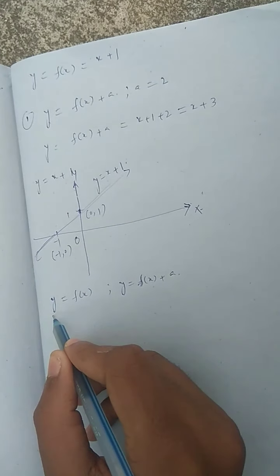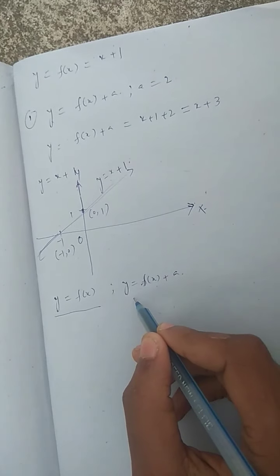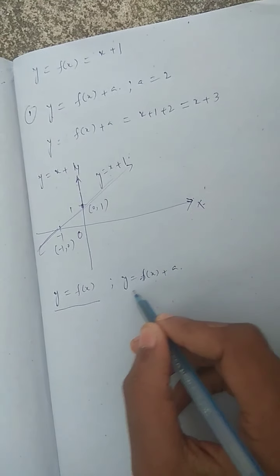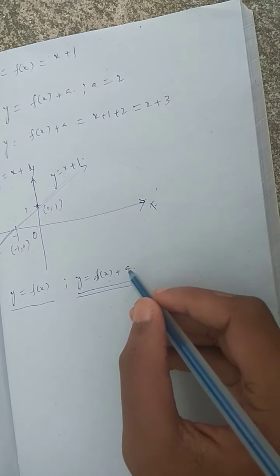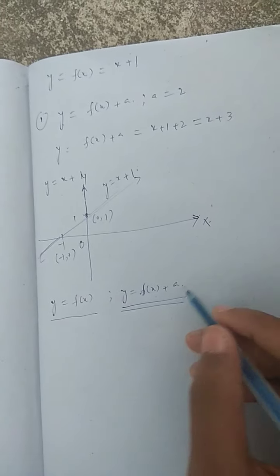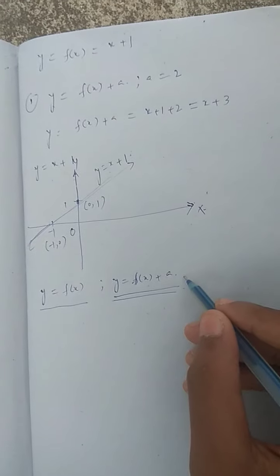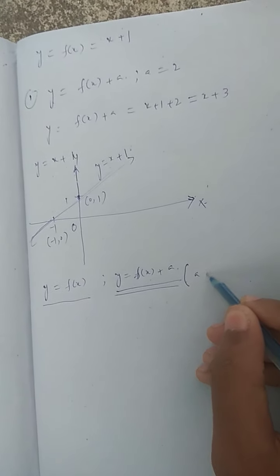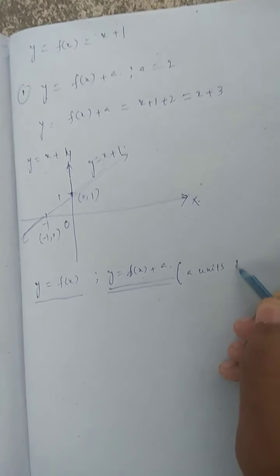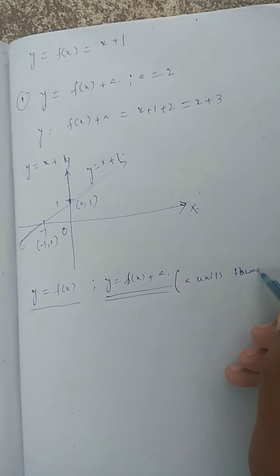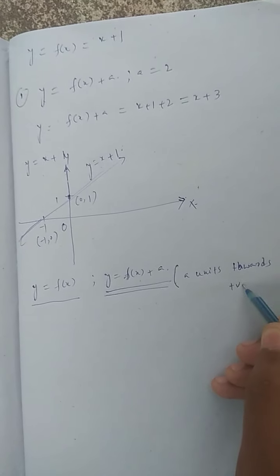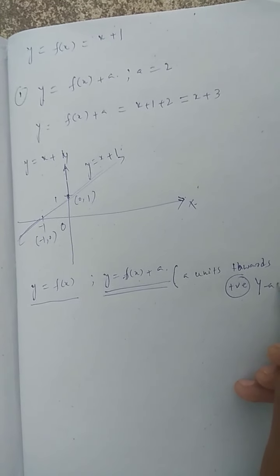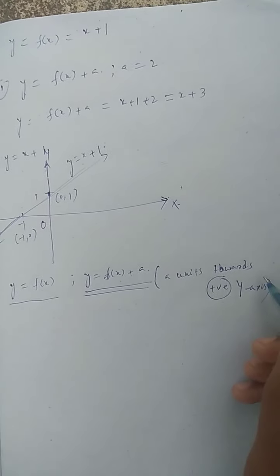If we know the graph of y equal to f of x and we want to draw the graph of y equal to f of x plus a, we should transform the graph through the y-axis, a units towards positive y-axis. I think you got my point.